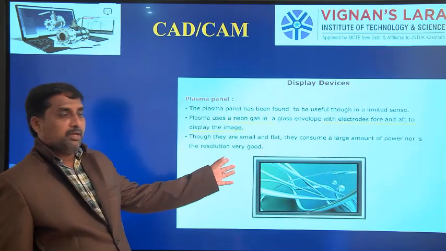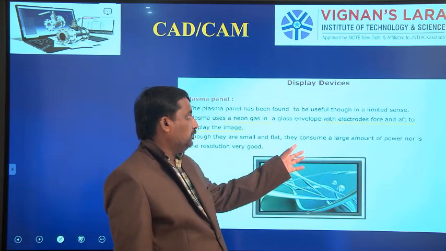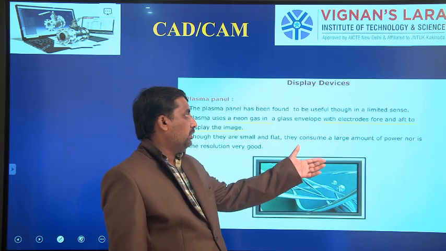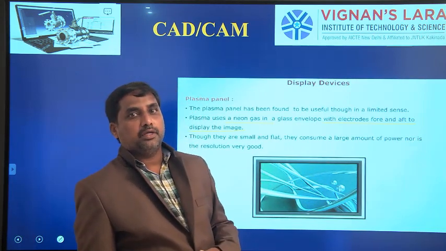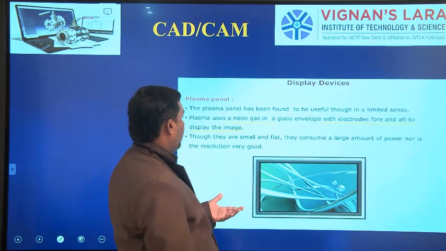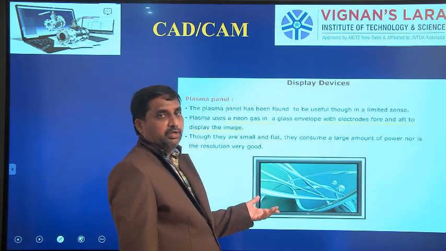This plasma panel is very small, and it consumes a lot of power, and its resolution may not be high. But it is a portable one. You can handle it easily.